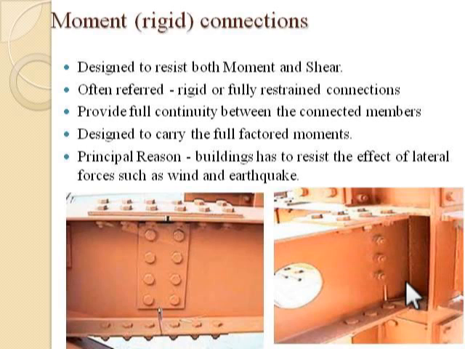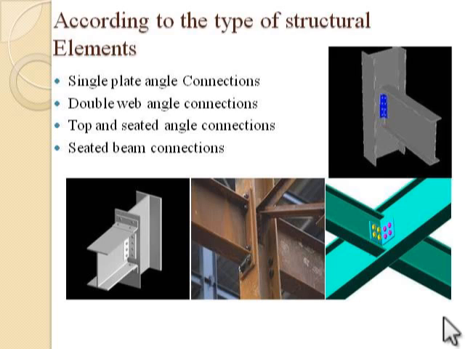These are designed to carry full factored moments. Whatever moment we are calculating and whatever moment is coming on the members, it is designed to carry those full factored moments. Then the building has to resist the effect of lateral forces such as wind and earthquake. That is why we go for moment connections.